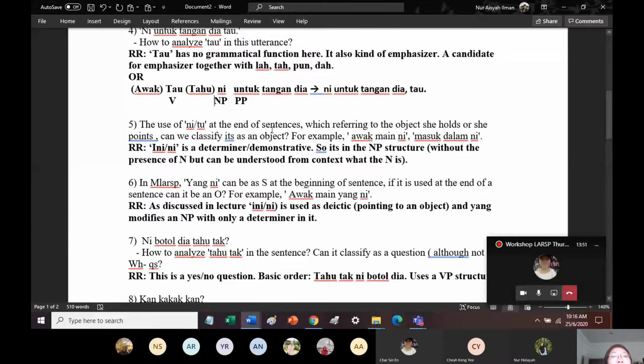Okay, lepas tu number 5, the use of ni and to. For example, "awak main ni", "masuk dalam ni". So to me, ini or ni is a determiner, demonstrative. So it's in the NP structure without the presence of N, but we can understand from context what the N is.